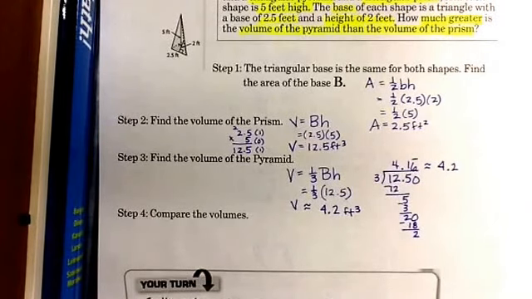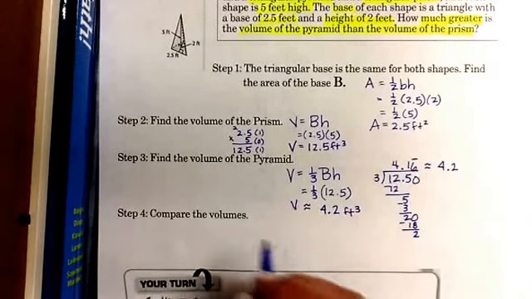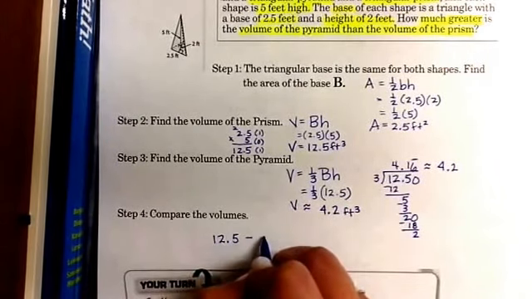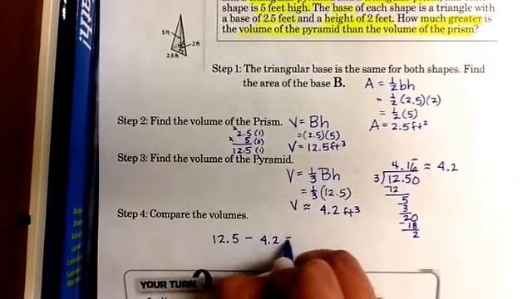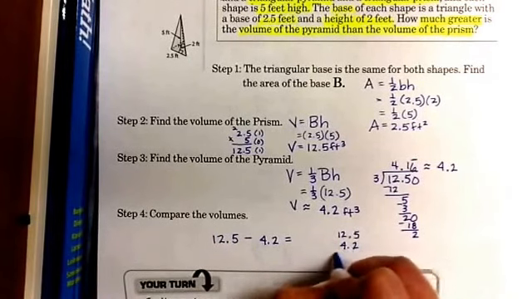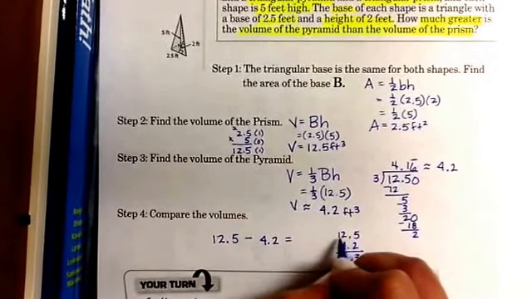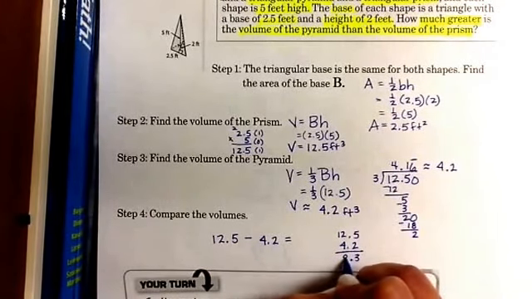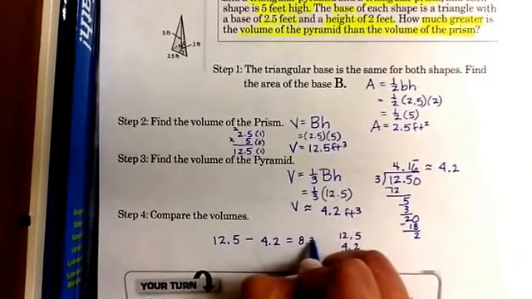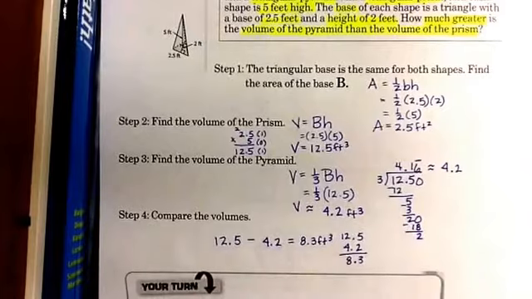Well, actually, we're going to subtract 12.5 minus 4.2, and we're going to have to line up our decimals. We're going to get 8.3, and that would be cubic feet, or feet cubed.